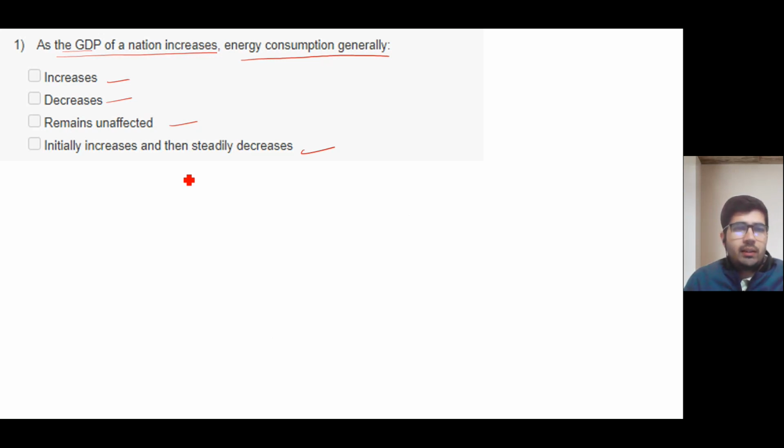As we discussed in the previous slide, if the energy consumption is increasing, the GDP also increases. So the correct answer is increase.